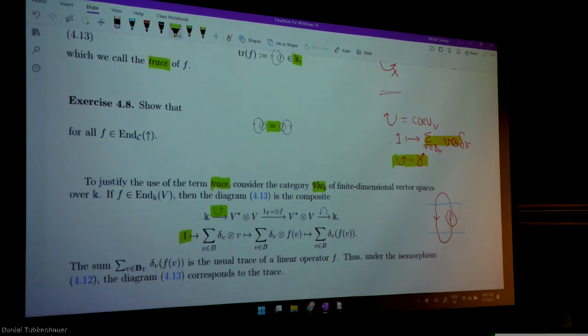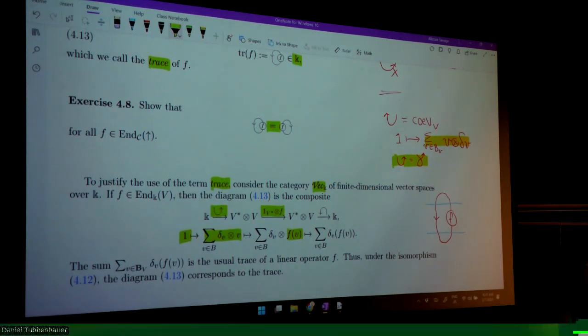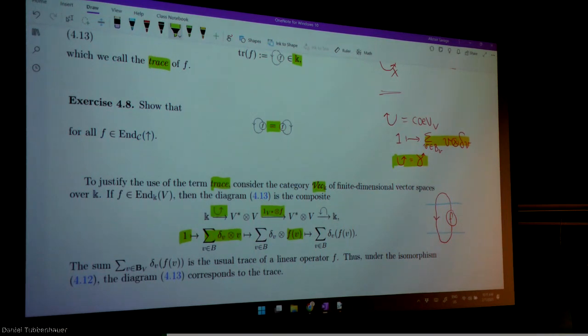So we just take this map and swap the two factors, because the crossing for vector spaces is just the tensor flip. So our map takes 1 to this sum, where we have the dual basis vector on the left and the basis vector on the right. That follows from our definition of the right cup. And now we apply F to the second factor, so we apply F to all these V's. Now we're up here and we need this left cap.